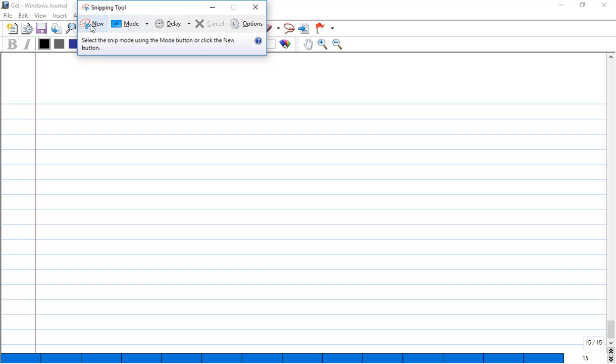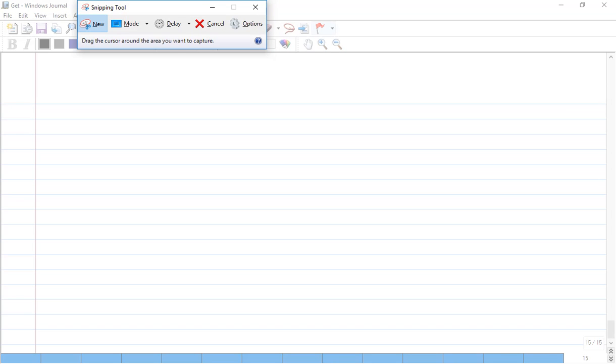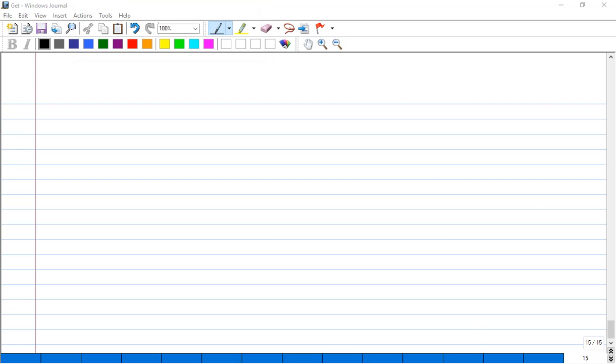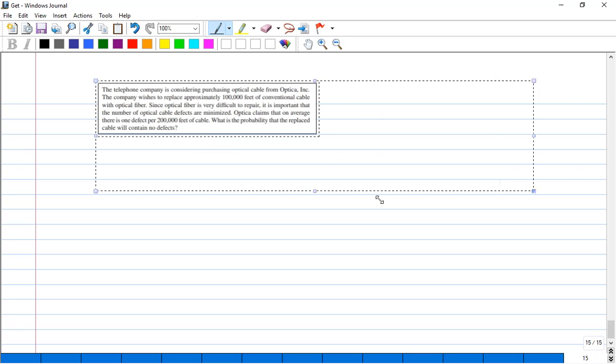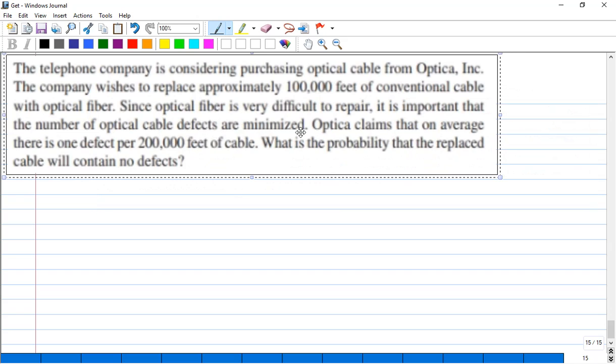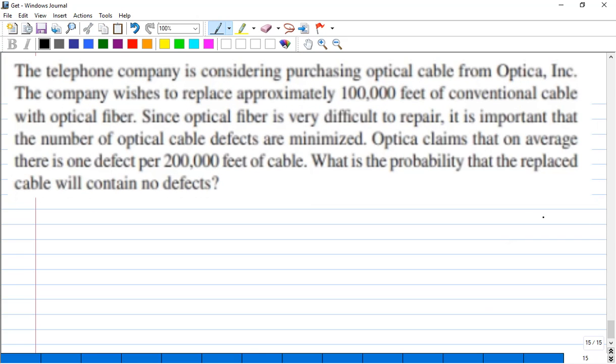Like that one, we were given the mean for an hour was 20 people using it, and we were looking at 15 minutes, so we had to say 20 divided by 4 and get 5. Let's look at this problem. You don't have to write this one down. Let's just look at it and see if we can figure out what our variables would be.